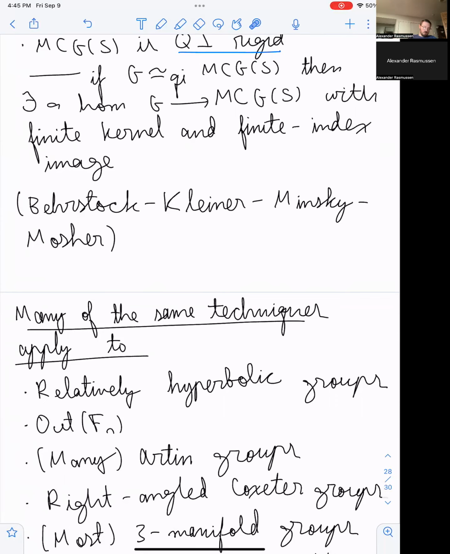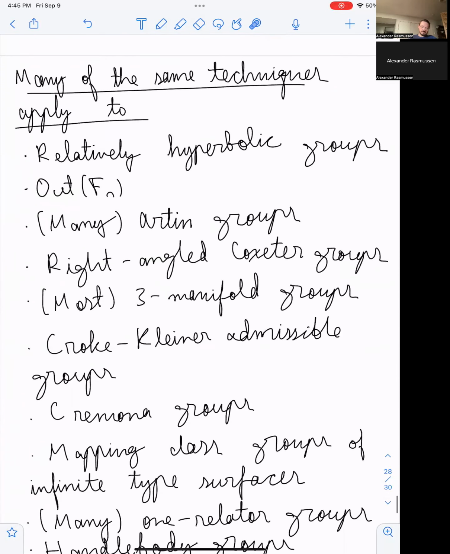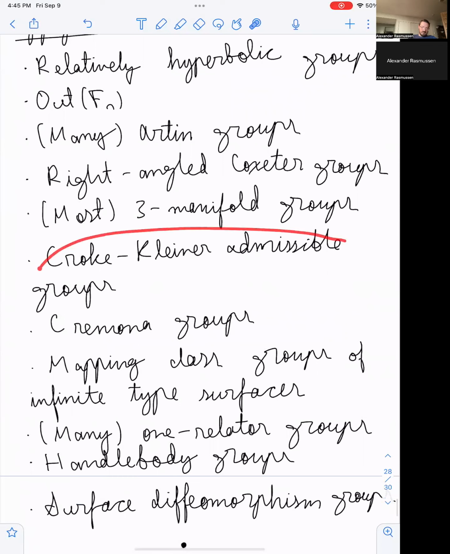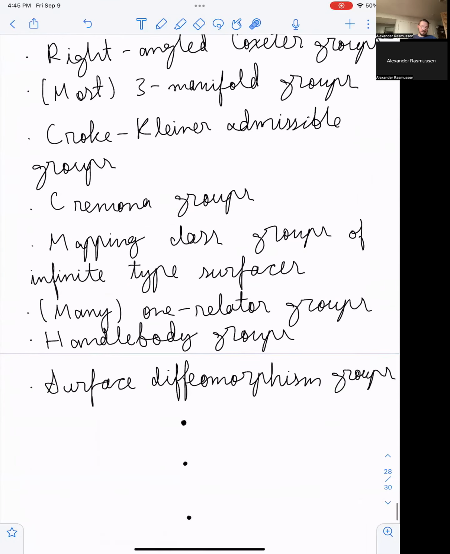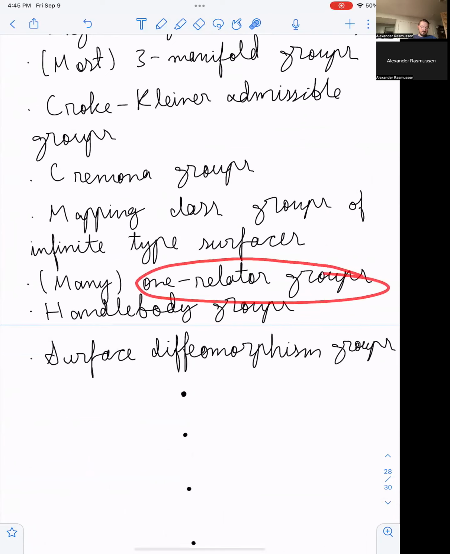So I'm going to list a whole bunch of groups: relatively hyperbolic groups, outer automorphism groups of free groups, Artin groups, right-angled Coxeter groups, most three-manifold groups, Croke-Kleiner admissible groups, Cremona groups, big mapping class groups, or mapping class groups of infinite type surfaces, in other words, one relator groups, handlebody groups, surface diffeomorphism groups.